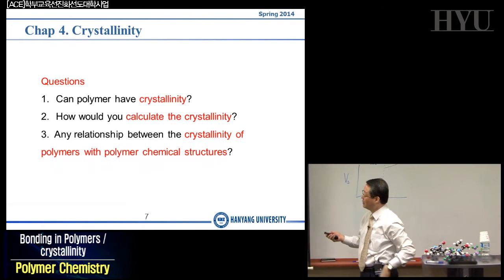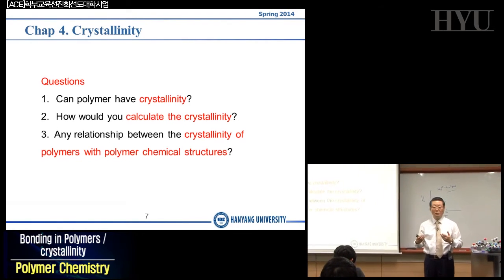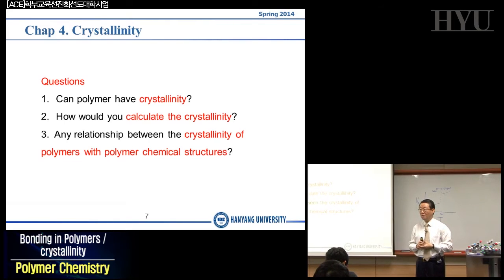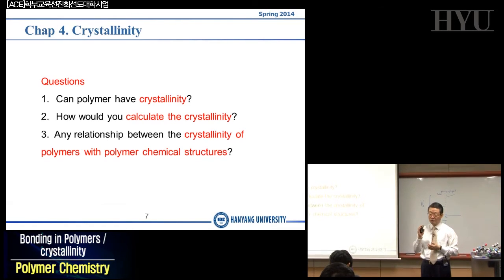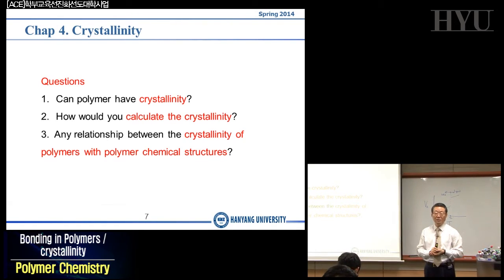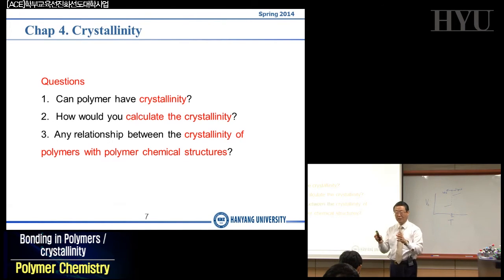And this crystallinity affects a lot. If you know the chemical structure, just like what we have seen in the bonding cases, you can imagine whether this polymer might be crystalline or not. So the structure of your polymer largely influences your crystallinity.